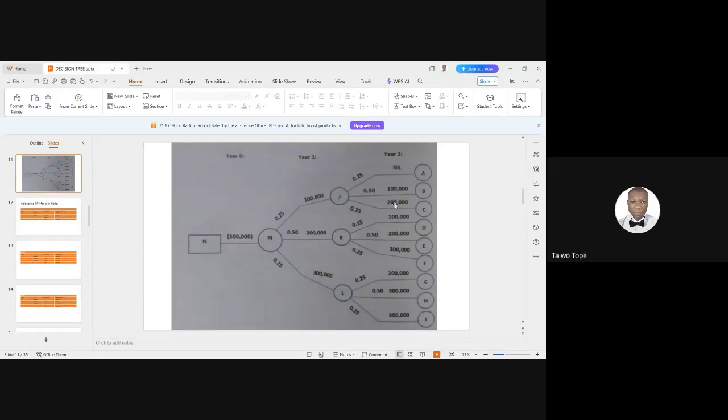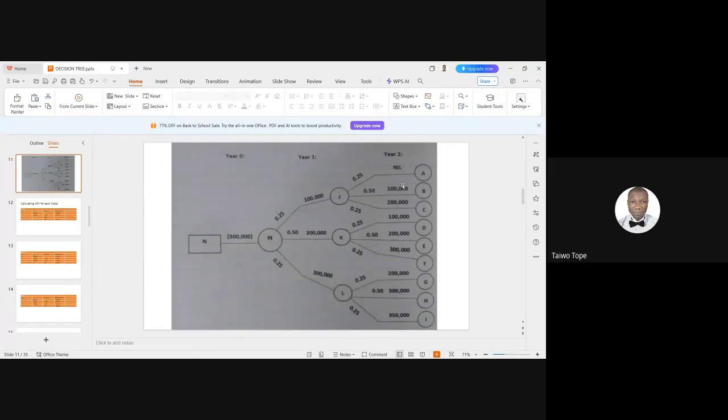You know, this choice here is giving you three alternatives. So the question is, what is the combined NPV of A, B, C? What is their associated probability? It will lead you to get the expected net present value.